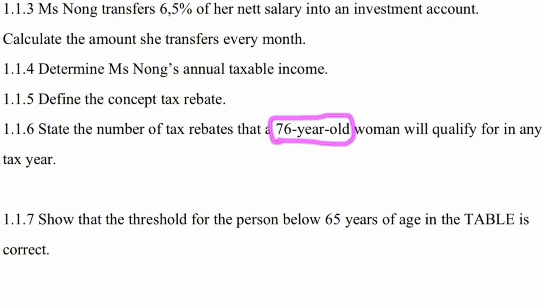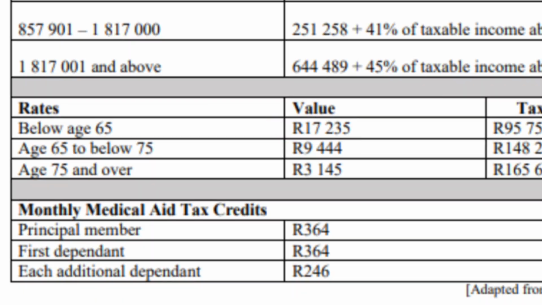1.1.6. State the number of tax rebates that a 76-year-old woman will qualify for in any tax year. Let us go to the tax table, and from that you can see that there are the rates over there: below 65, 65 to below 75, and 75 and over. Important to note, someone who is below 65 will only qualify for the first tax rebate.